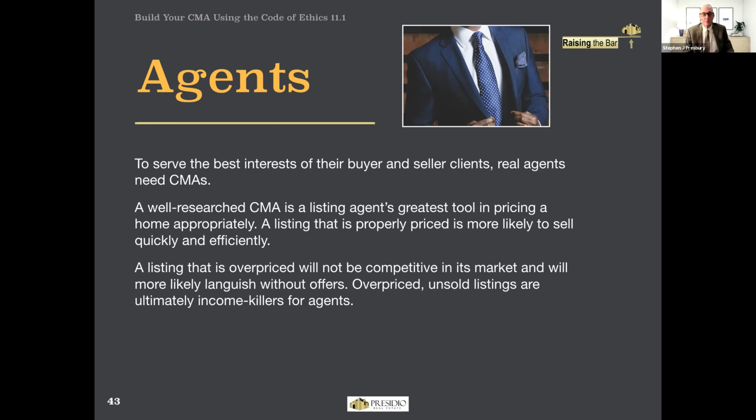And in this market, we're probably going to be fairly quick as a seller's agent. A listing that is overpriced will not be competitive in its market and will more likely languish without offers. Overpriced, unsold listings are ultimately income killers for agents.